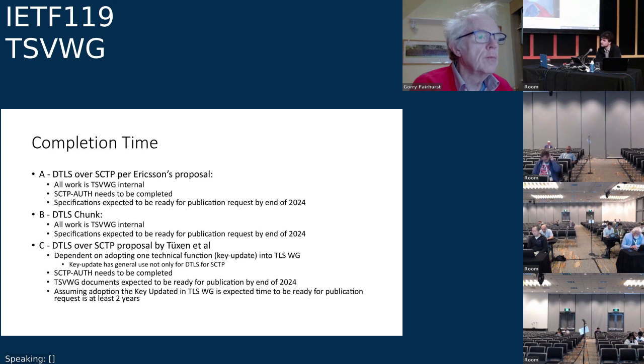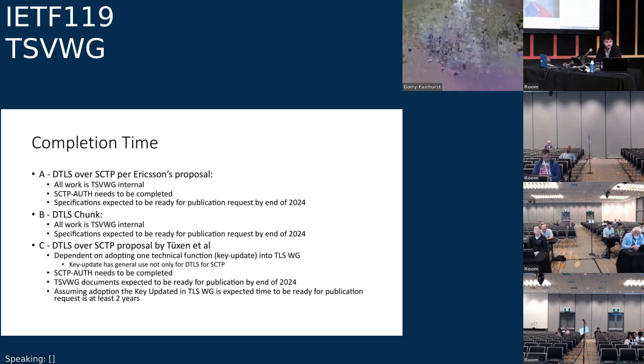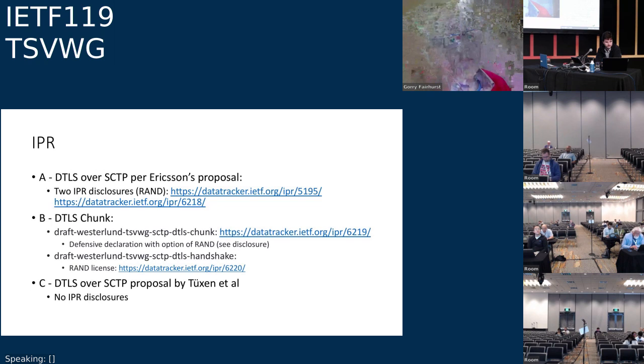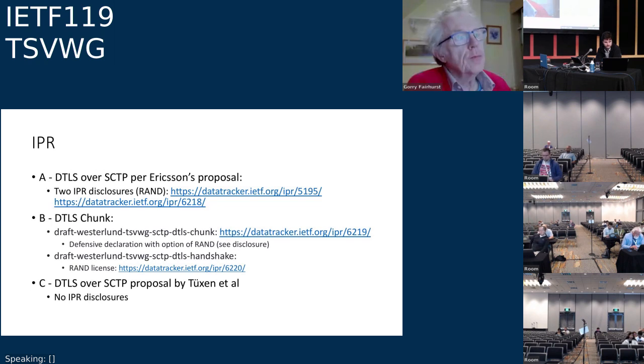Let's go on to the next slide. So when it comes to IPR, on solution A, there are 2 IPR disclosures with fair, reasonable, and non-discriminatory terms. You see the IPR declarations there. On B, there's a bit more complex situation.